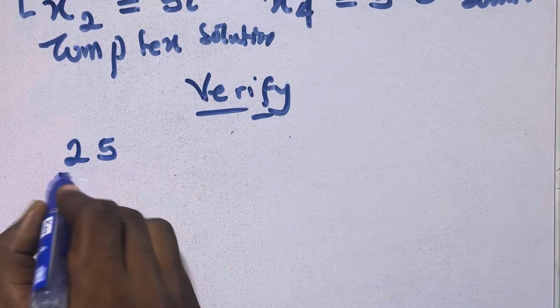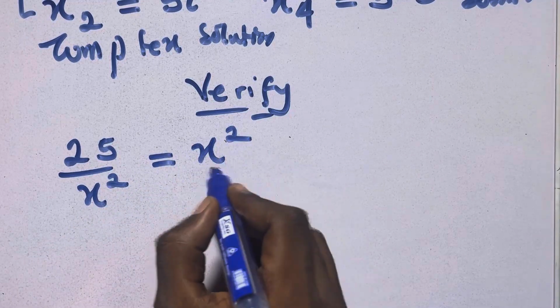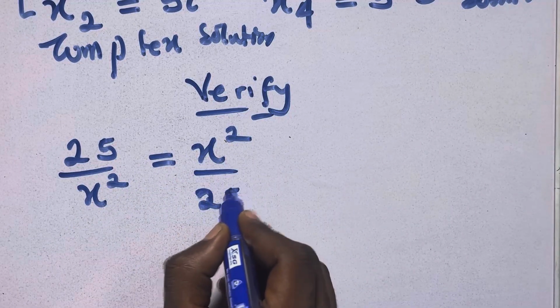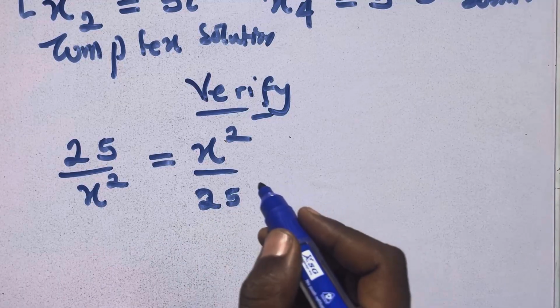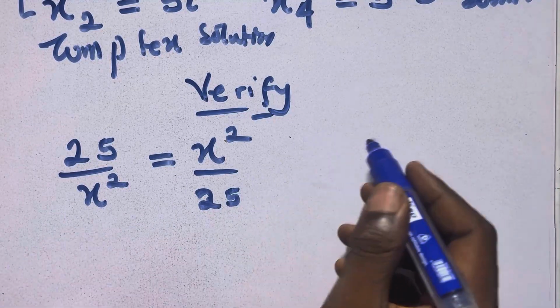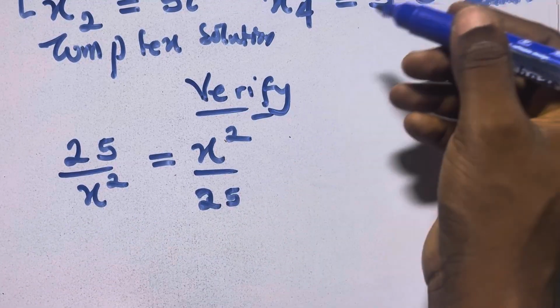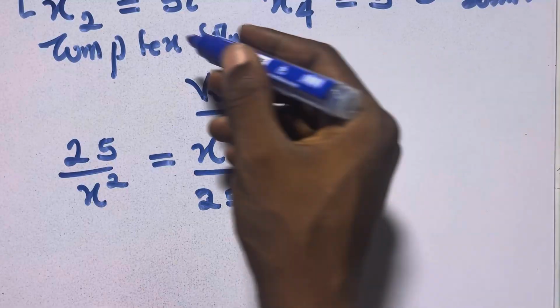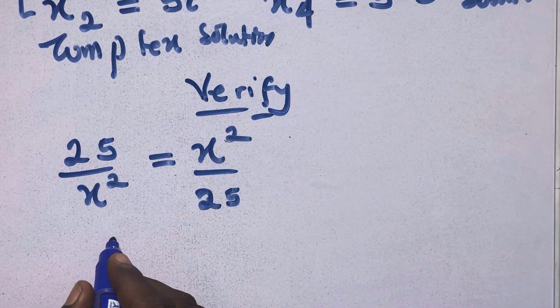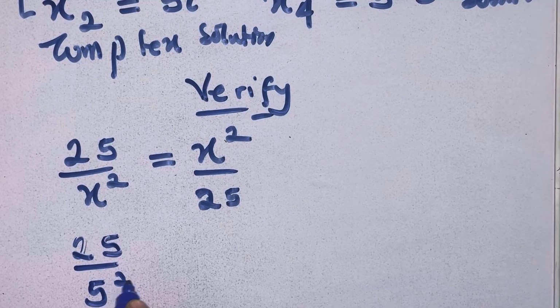So however, we can actually verify this to check if our answer is right. Verify. So I'll just check. We have 25 divided by x squared equals x squared divided by 25. Let's use a test for one real number, then one complex number. Let me use 5 for this.